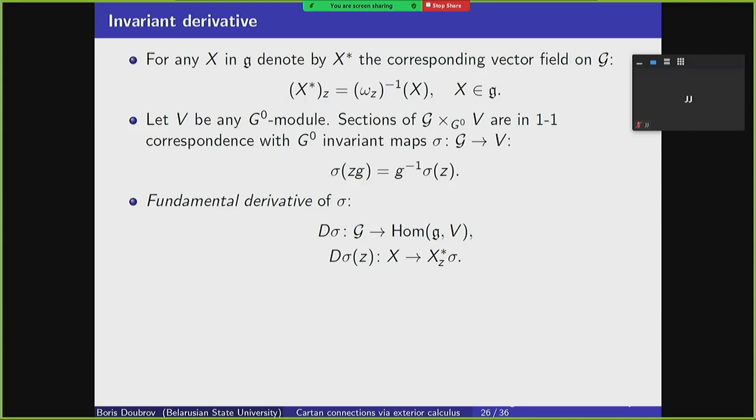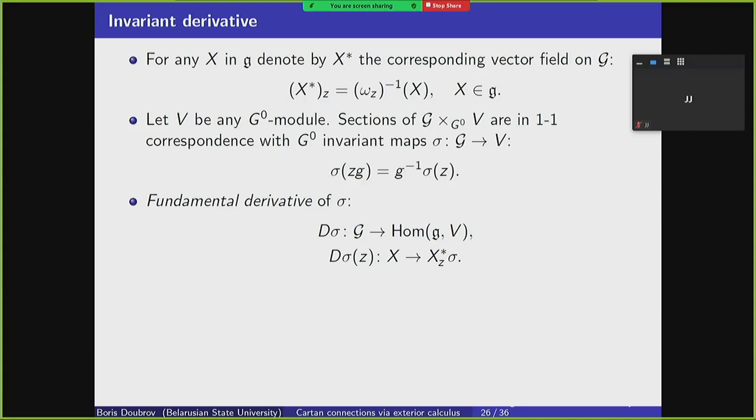I recall that if you have any representation of the subgroup G naught, then sections of the associated vector bundle correspond to G0 invariant maps from our Cartan bundle to V. That's the condition of equivariance, and then the fundamental derivative is defined very easily.